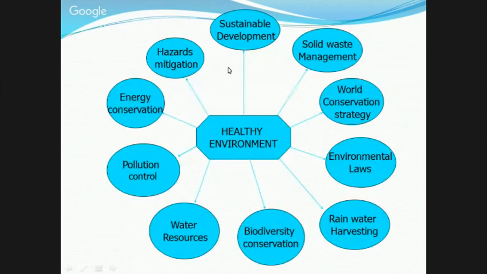That means we are having a plan for solid waste management, a plan for wood conservation strategy, we may have to formulate some environmental laws, and we have to go for water conservation through rainwater harvesting. Biodiversity conservation, water resources pollution and energy conservation are the major issues with which we are concerned for sustainable development.